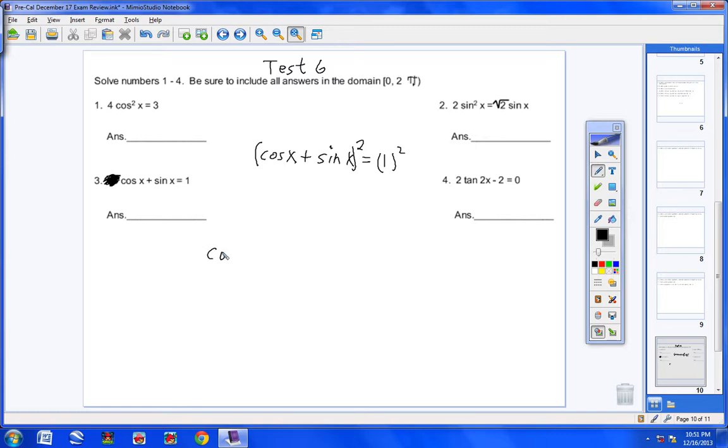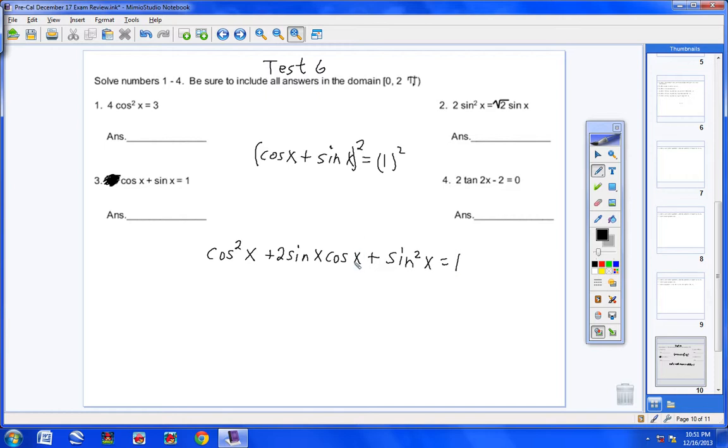You're going to get cosine squared x plus 2 sine x cosine x plus sine squared x equals, and then 1 times 1 is 1. Okay? Now, not too bad.